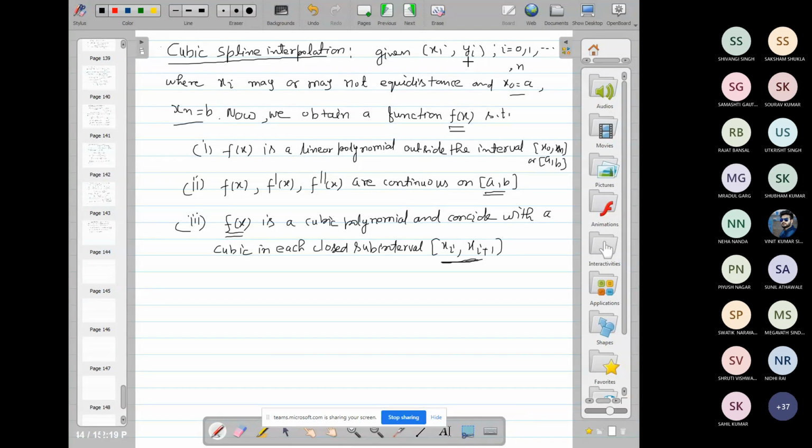Now the problem is to determine the cubic polynomial for each of the subintervals of the given interval [a, b].